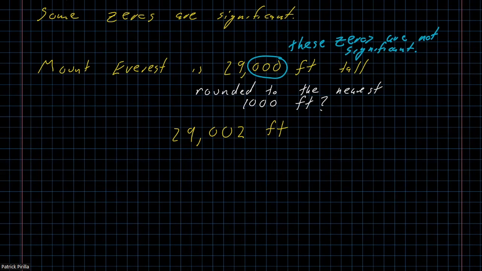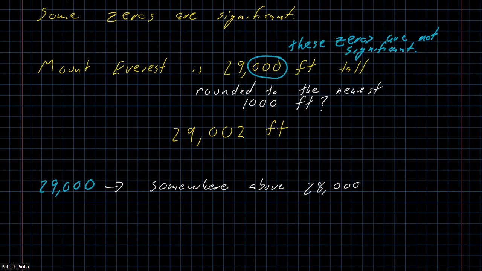Our equipment measured the height of Mount Everest to the nearest 1,000 feet, and that is to say that 29,000 is taken to mean somewhere above 28,000 and below 30,000, right?